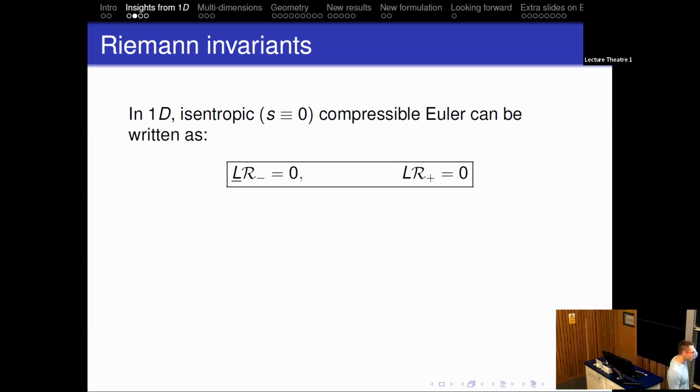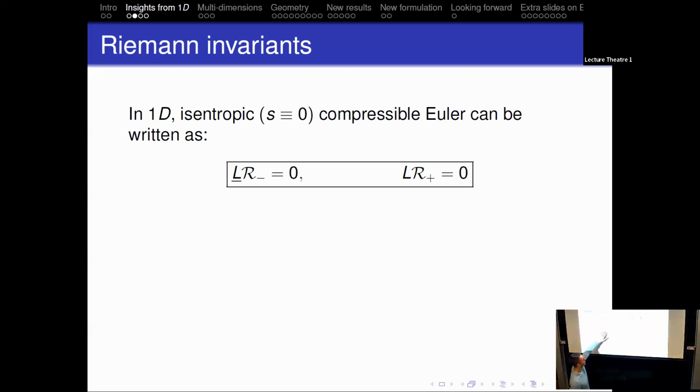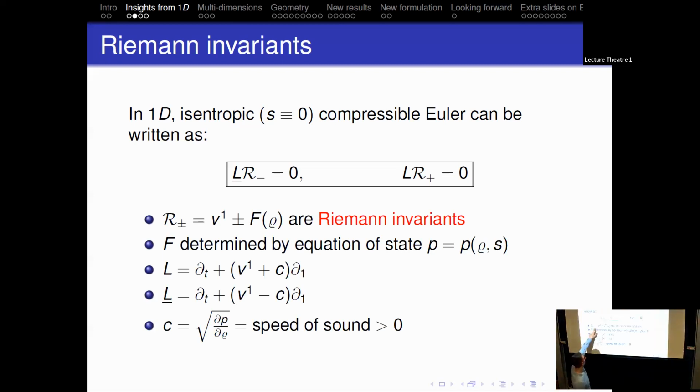Okay, so back to Euler. In one space dimension, you can introduce the Riemann invariants. These were the same quantities that Riemann introduced in 1860. And you can write the equations as a coupled system of quasi-linear transport equations, where the Riemann invariants R plus and R minus are determined in terms of the velocity and some function of the density, capital F, where F is determined by the equation of state.